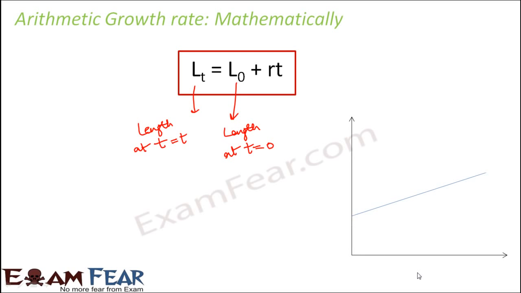In this graph, this represents time and this represents L. Whatever I considered as the number of cells was just a parameter, so that is written as L. L represents the length.